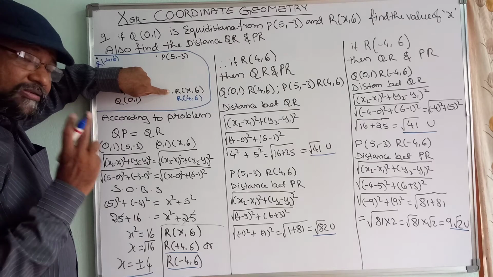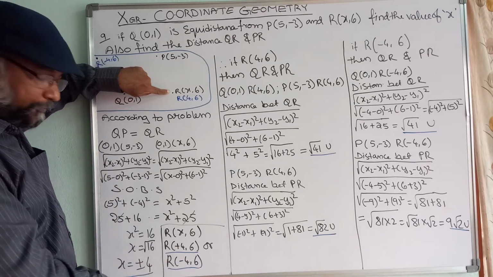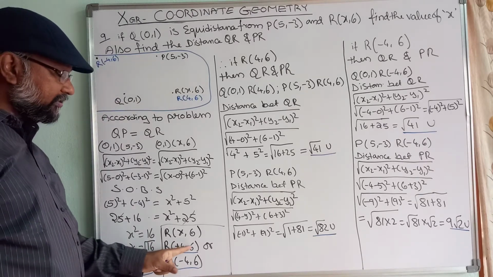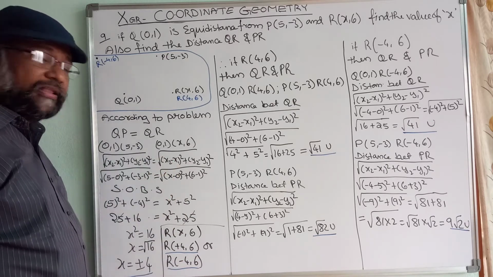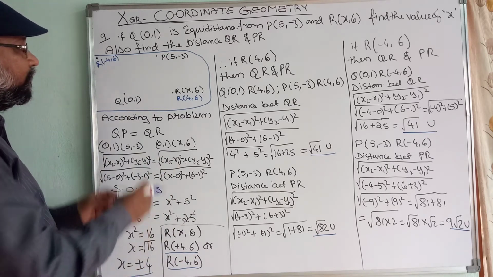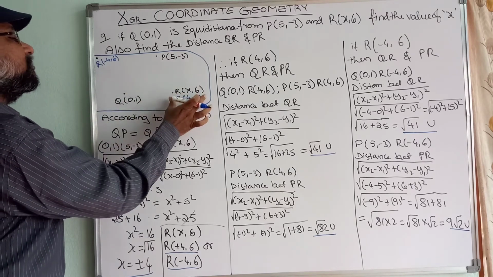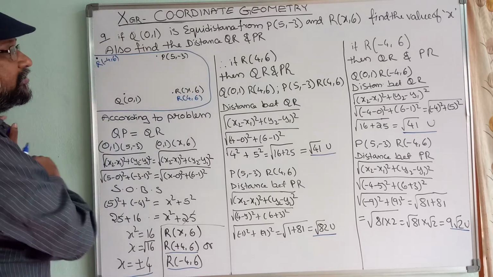But R has shown two values, (-4, 6) also. Therefore, (4, 6) is one point and (-4, 6) is another point in the coordinate system. If you check carefully, this is one point, (4, 6), and another point is also there.